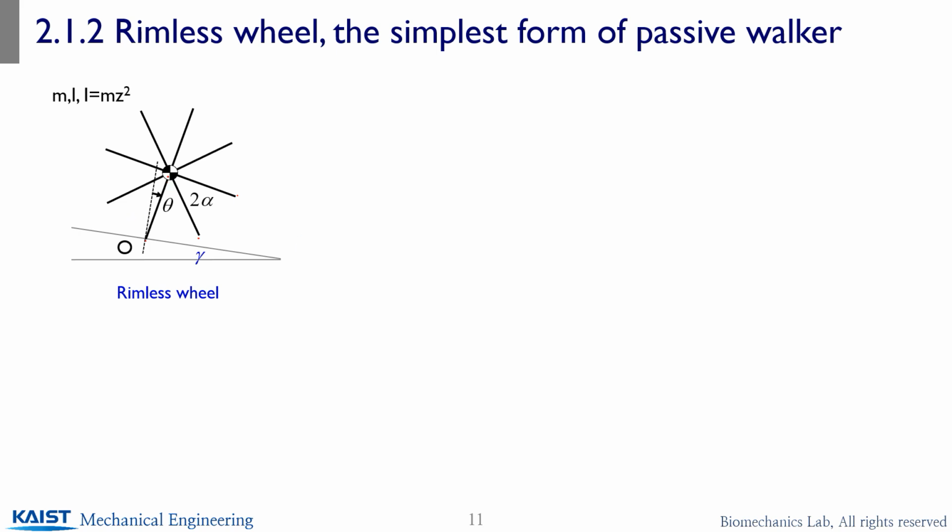So to describe the motion of the center of mass, I'm going to define the angle theta with respect to this inclined vertical. The theta is counterclockwise positive, and the spokes have a finite defined spoke angle, which is 2 alpha, and all the mass parameters are given like this.